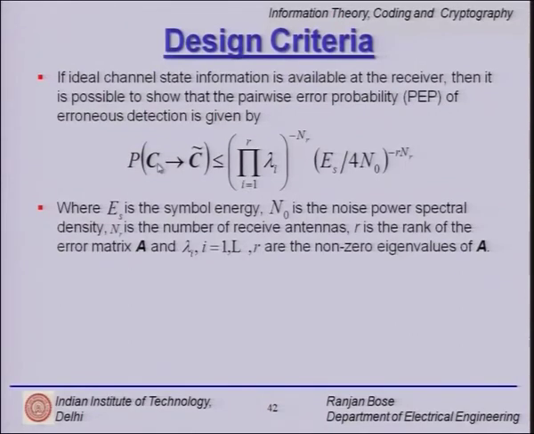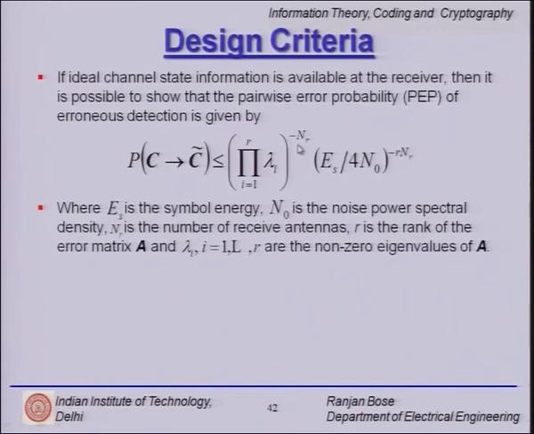If ideal channel state information is available at the receiver, then it is possible to show that the pairwise error probability of the erroneously detected signal is given as follows. We do not go for the derivation, but this is the pairwise error probability that C was sent and C tilde was received, or at least decoded incorrectly. Very interestingly, the eigenvalues of the A matrix come into the picture.